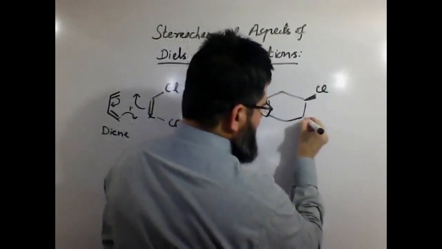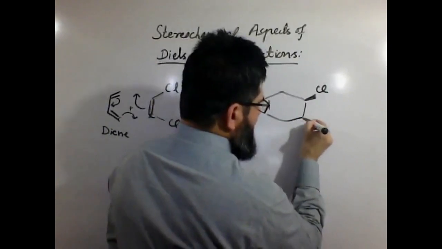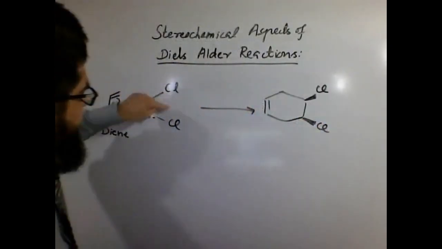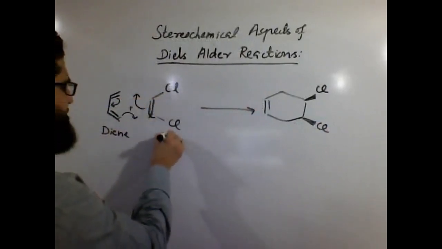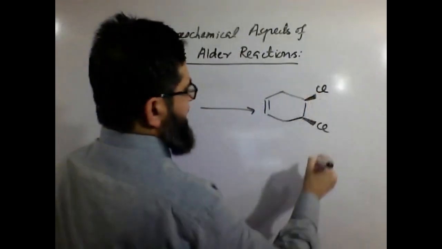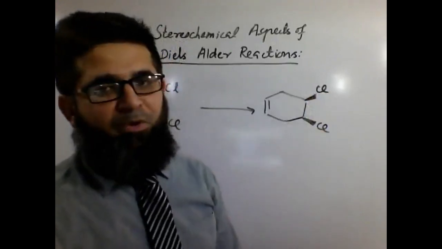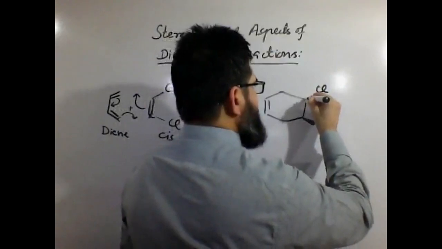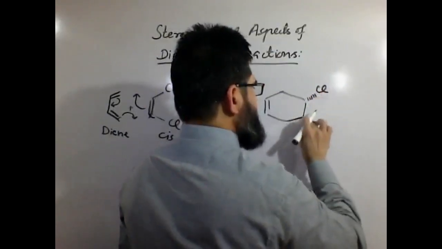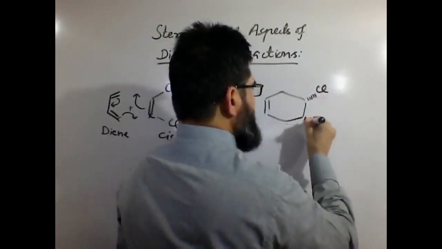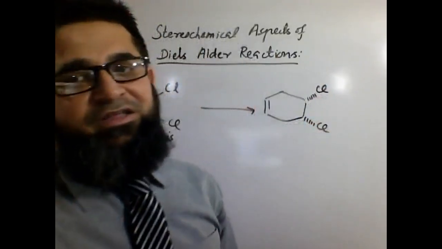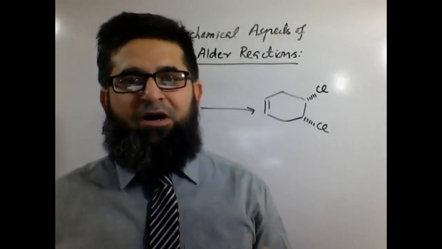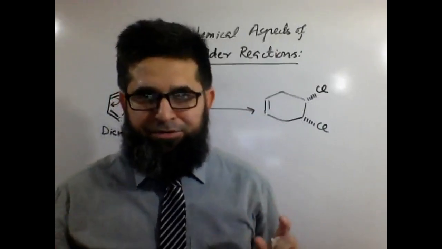We can write both of the chloros in bold form like this. When they are cis, meaning on the same side, we write them with bold bonds, or we can write both in dotted bonds, representing that these two are on the same side. So when cis, either both should be bold or both should be dotted.